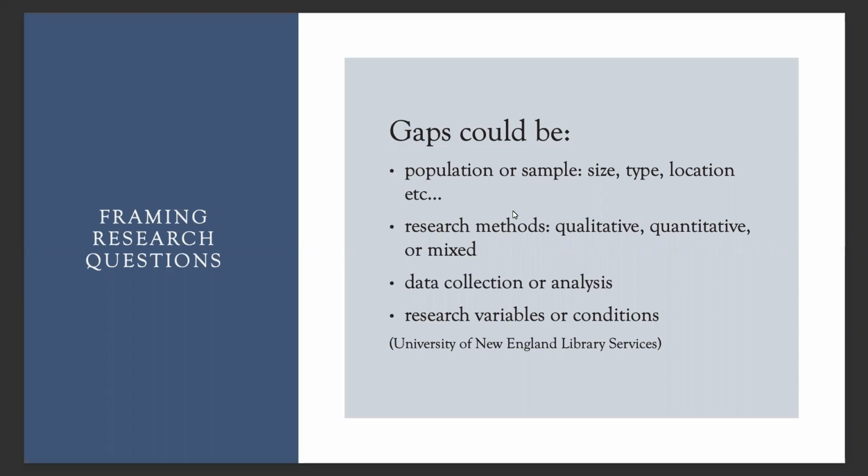Then there are other things such as research variables and conditions. By research variables, you have already learned from your research methods, quantitative methods or qualitative methods class, that there are independent variables and dependent variables. And then sometimes the dependent variable can be redefined in a different way.